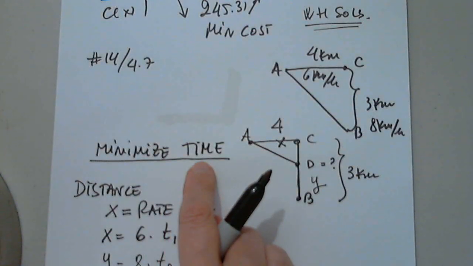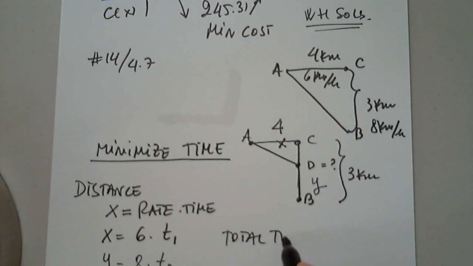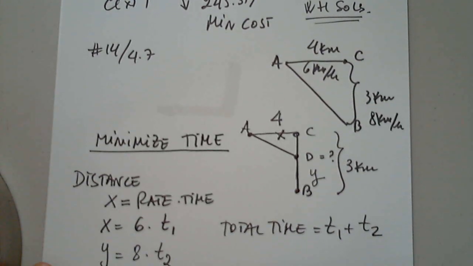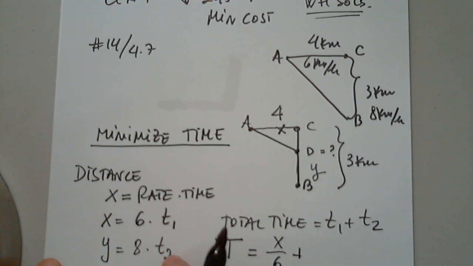Total time is T1 plus T2, which I'll write as T, uppercase. T1 is X over 6, and T2 is Y over 8.